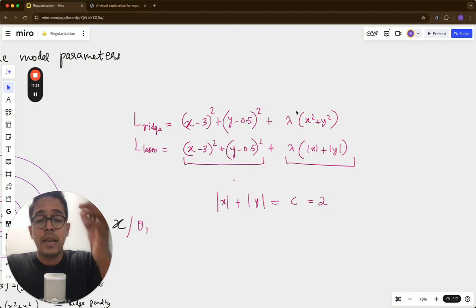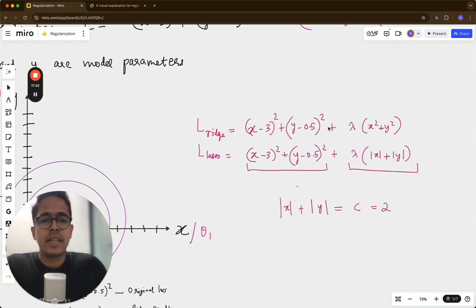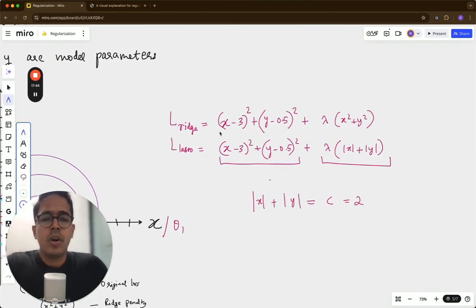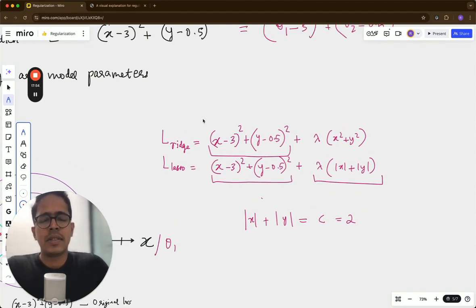So your minima will be somewhere between the minima of this alone, which is at x equal to 3 and y equal to 0.5, and the minima of this alone, which is at x equal to 0, y equal to 0. So for all values of lambda, the minima of this L ridge, the ridge loss, will be somewhere between x equal to 3, 0.5 and x equal to 0, 0.